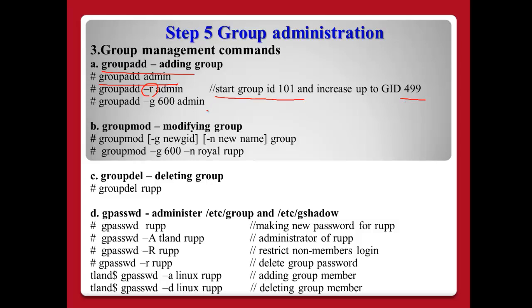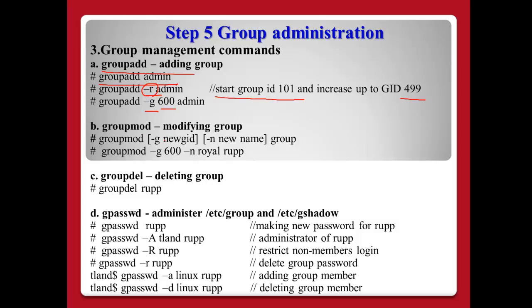The default group ID will be 500 according to the file /etc/login.defs. But if we use -r, we can change the range of GID. Or if we use -g here, in this case, we can appoint an exact GID.